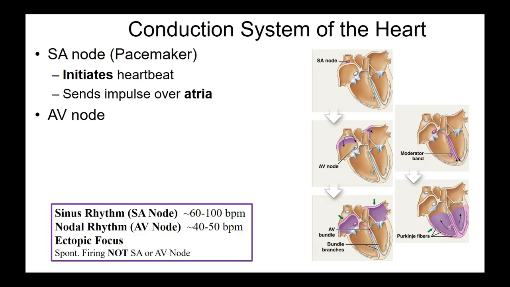And then there are branches that go down what we call the interventricular septum. Septums are just structures that separate other structures. And the reason we call this the interventricular is because it separates the two ventricles. Okay? So it goes down the interventricular septum, and then it's going to start spreading.